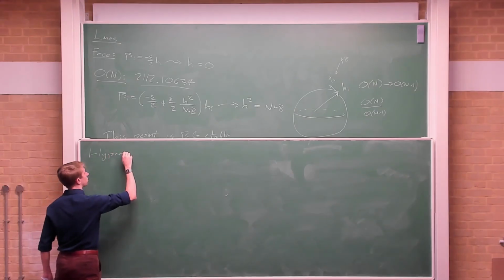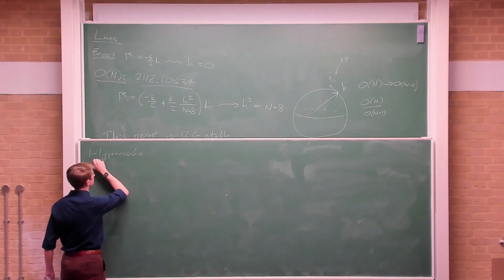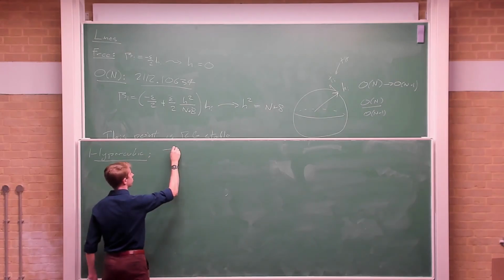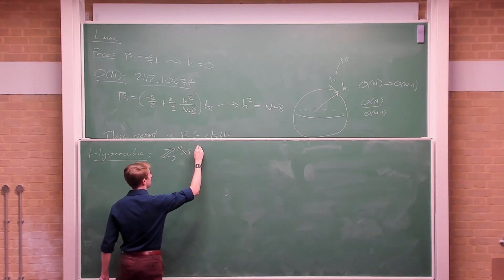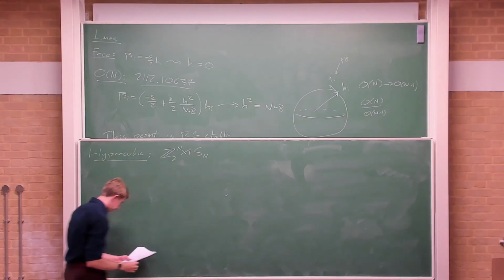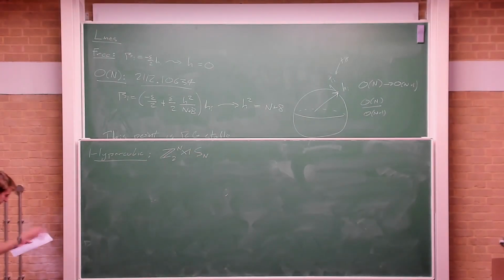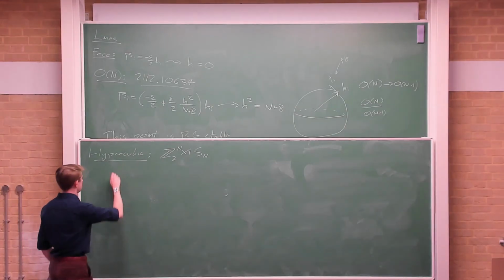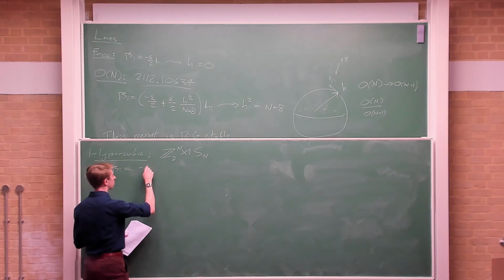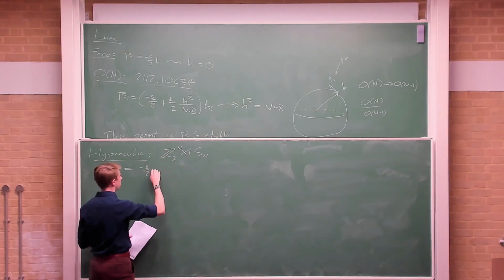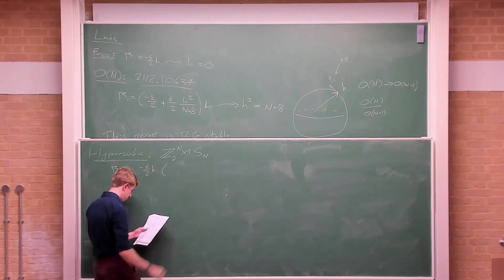For the hypercubic, recall that it had symmetry group Z2 to the n, semi-direct product S_N. The expression for lambda can be found in various places in the literature. One finds after plugging it in, you get a similar beta function to the ON, but with some crucial differences.